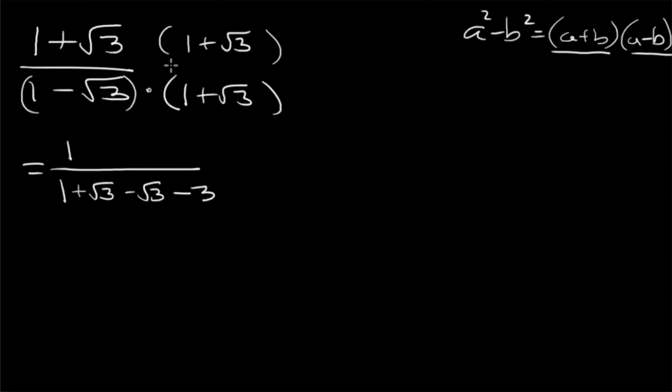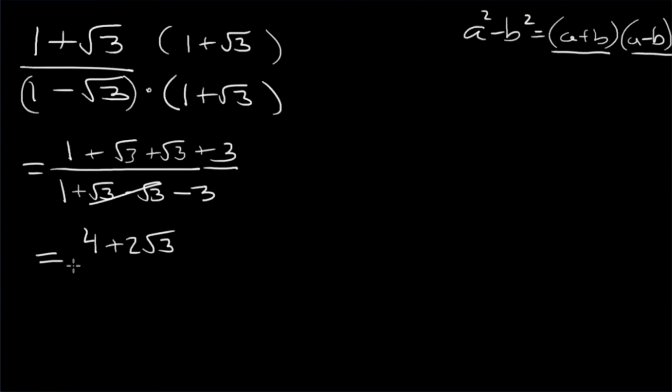So 1 plus root 3 plus root 3 plus 3. Notice it looks very similar. The difference is in the bottom, the roots cancel out. And so here I have 4 plus 2 root 3. And here I have negative 2.